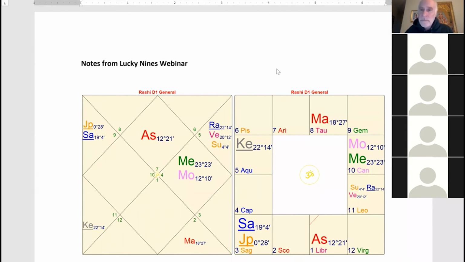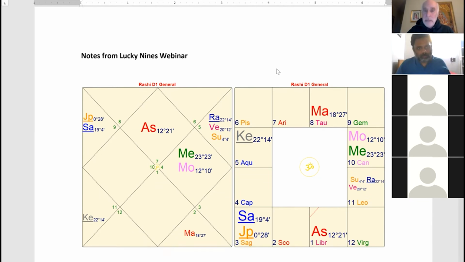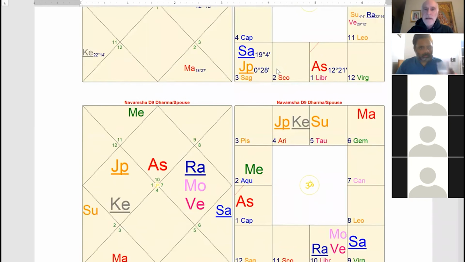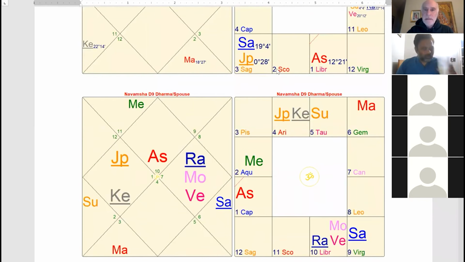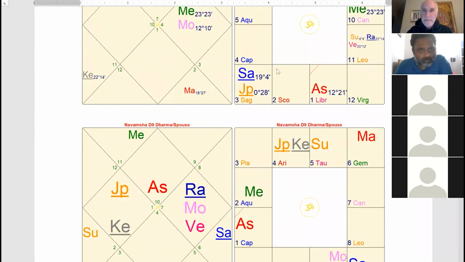Where does it go in the Navamsha at 20°12' of Leo? 7th. Swakshetra in Libra. Yes, it's in its own sign, its Mula sign in Navamsha, so it has that strength.